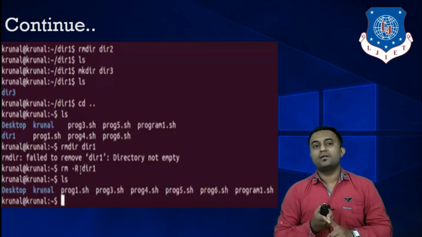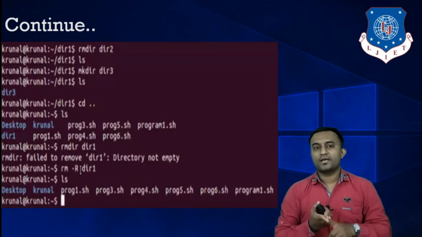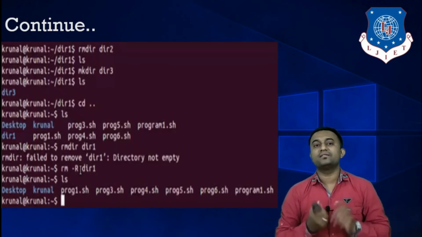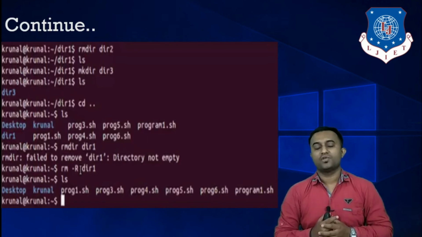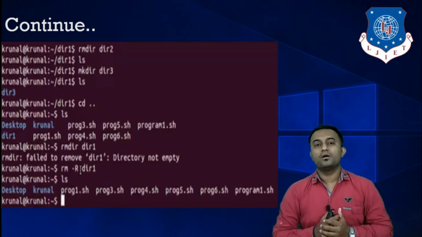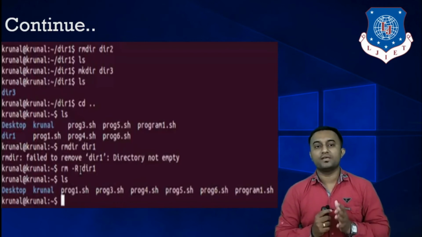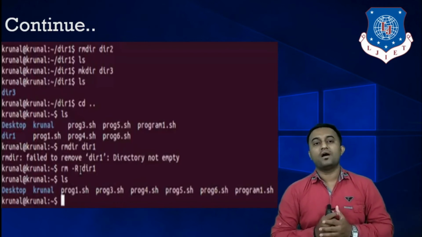This command will work when you have an empty directory, meaning if the directory does not contain any file or subdirectory. In this case directory 2 contains nothing, so that's why this command is successfully executed. Once you fire ls afterwards, it shows me nothing.